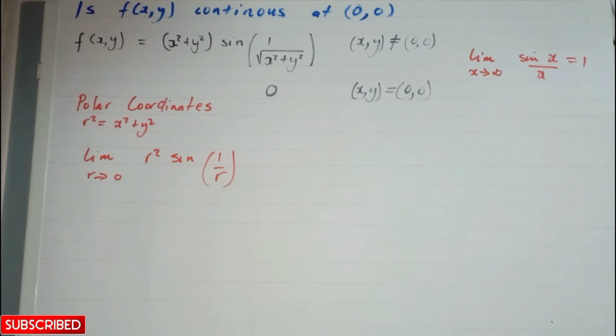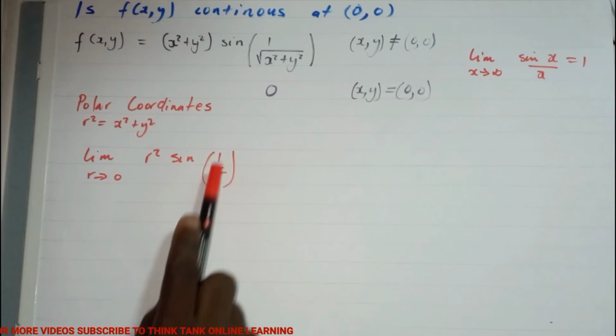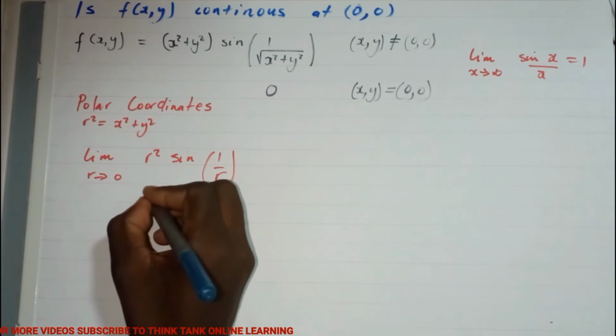Now what I want is sine x over x, so that means I want 1 over r on the bottom. We can make that happen. Let's multiply by 1 over r.